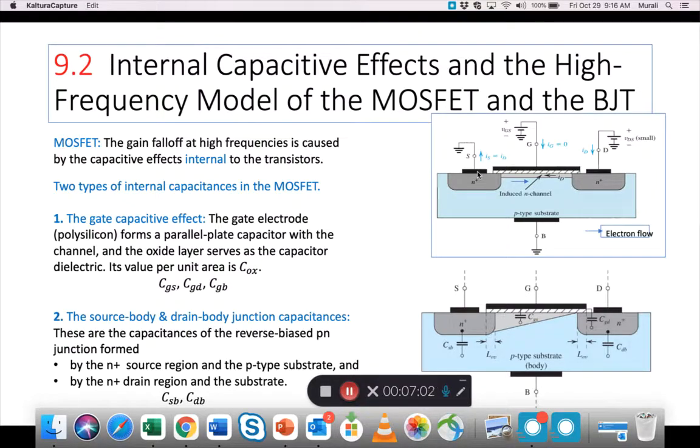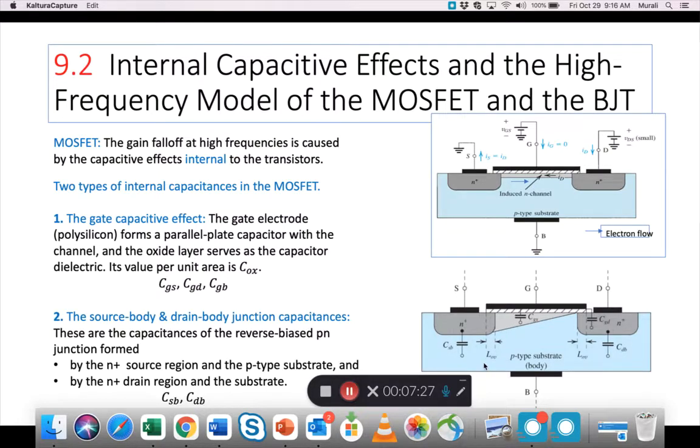So there is a black electrode here, there's a black electrode for the gate, and there's a black electrode for the drain. And then you get this induced channel and electrons start to flow in this direction, right? ID is the current, it comes in like this from the positive terminal and goes out like this, right? Okay, so this we know.